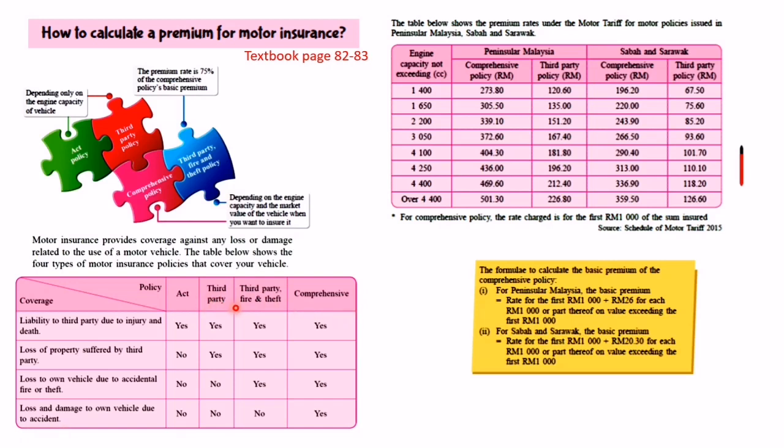Of these 4 types of insurance, the most expensive is the comprehensive policy. The premium for third-party fire and theft policy is 75% of the comprehensive policy's basic premium.